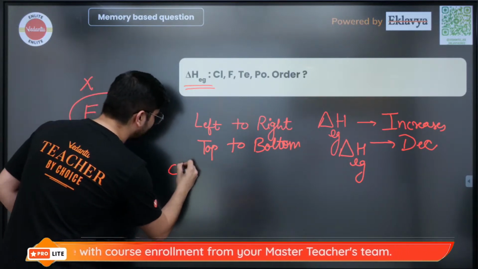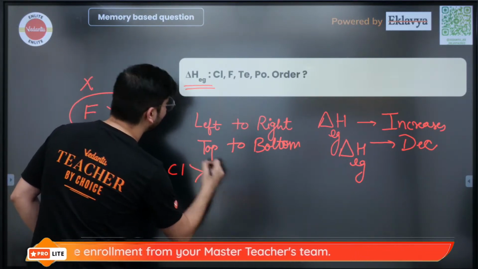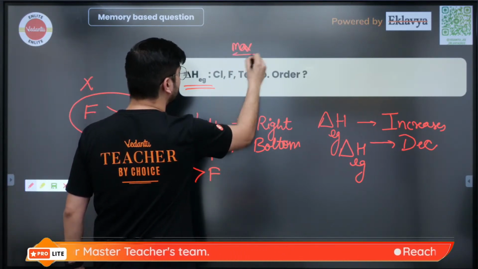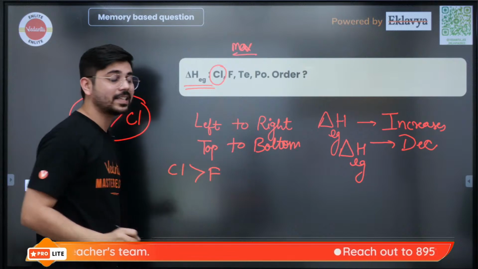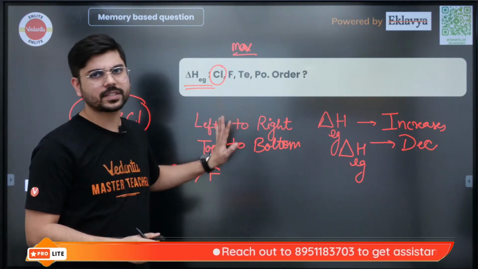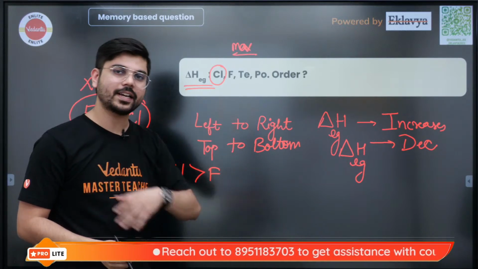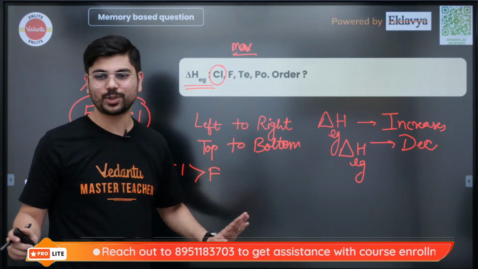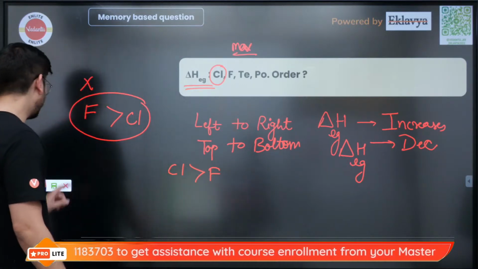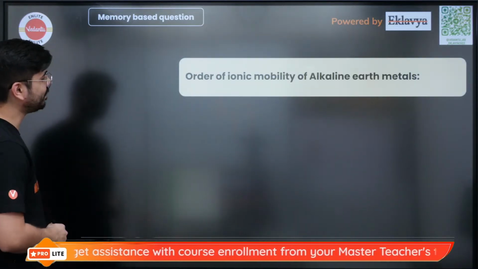So chlorine is greater than fluorine. If we had to find out the maximum value, it would have been for Cl. It's a very famous case in inorganic chemistry, it has been taught several times, and I'm sure you guys remember it. Alright, moving to the next question.